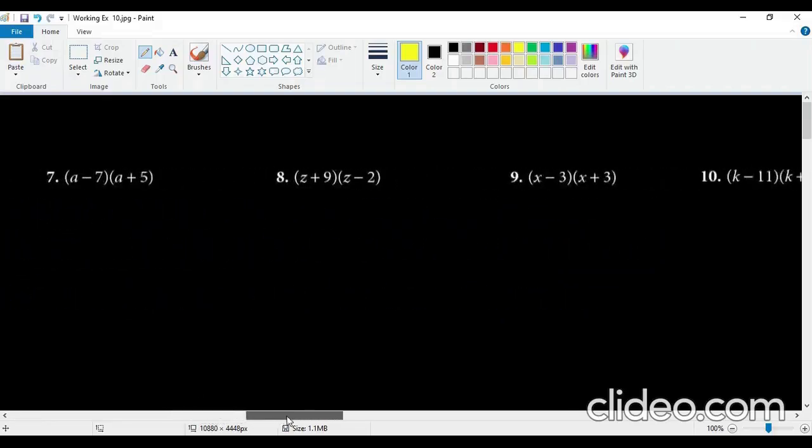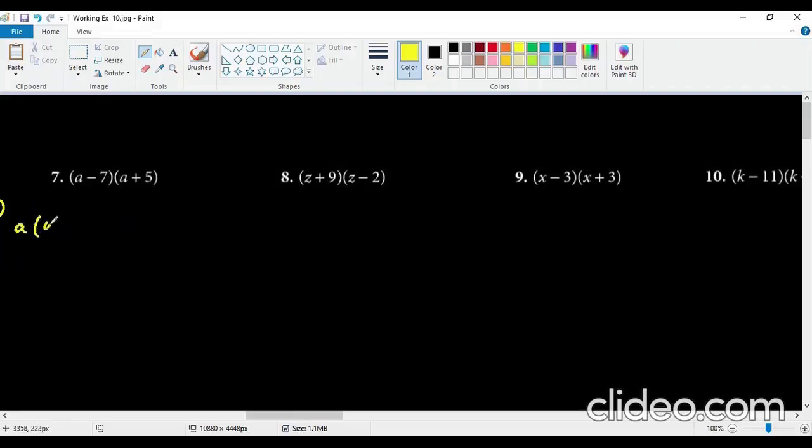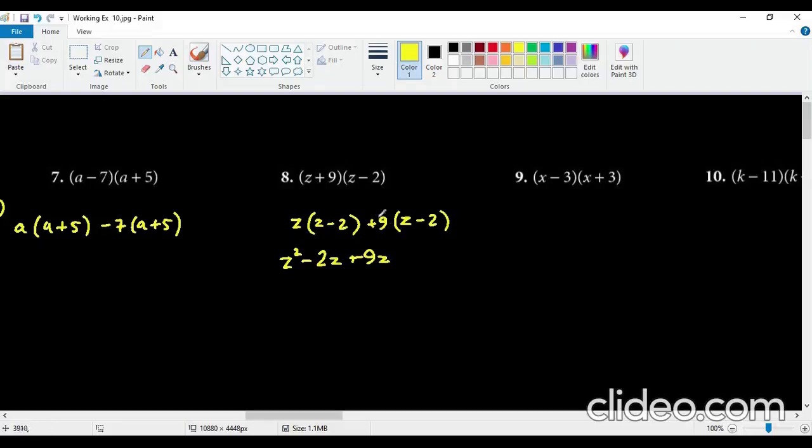When it comes to question number 7, I'm doing the same thing once again. A plus 5 and minus 7 is again multiplied by a plus 5. For question number 8, z is multiplied by z minus 2 and plus 9 again z minus 2, like this. So first one is going to give you z square minus 2z plus 9z, and plus minus is a minus. 9 times 2 is going to give you an 18.